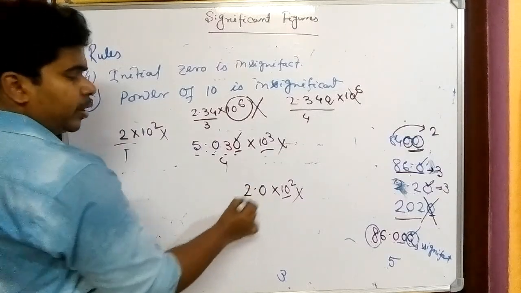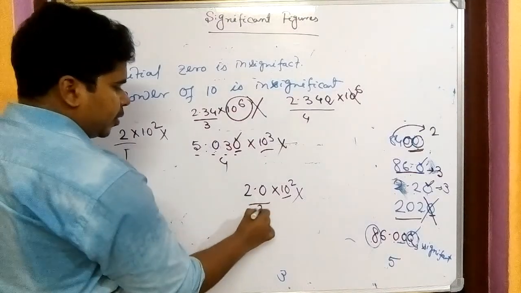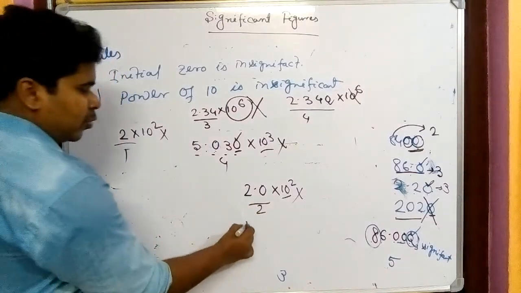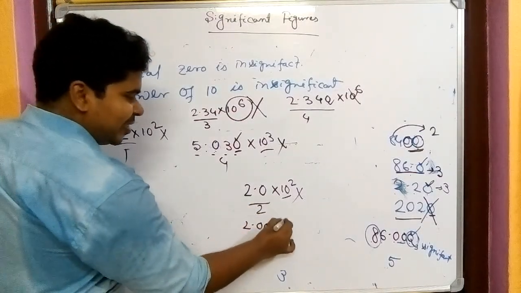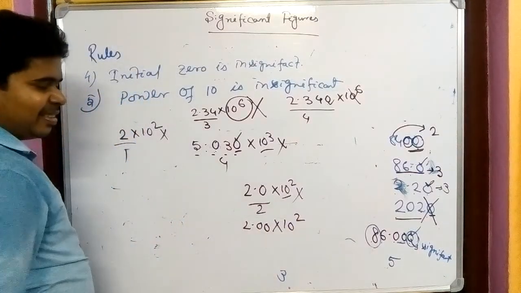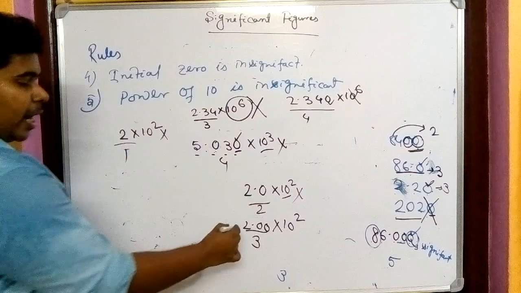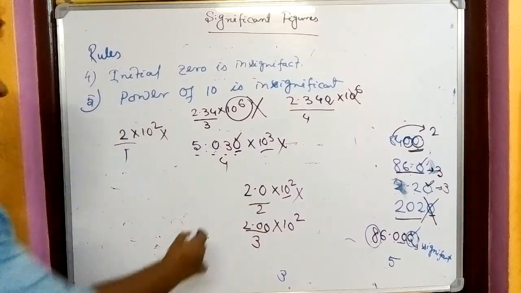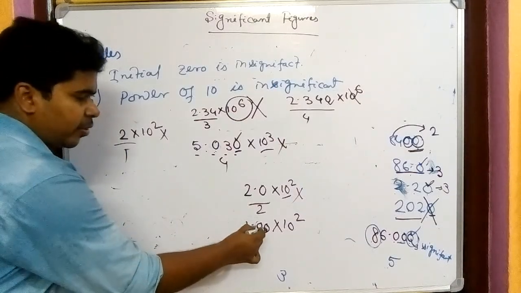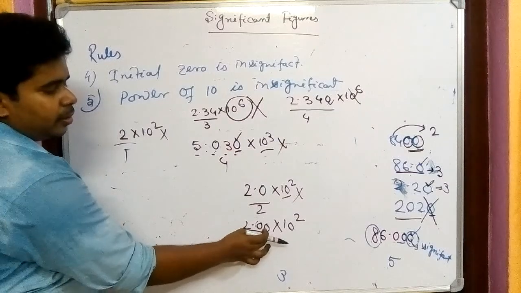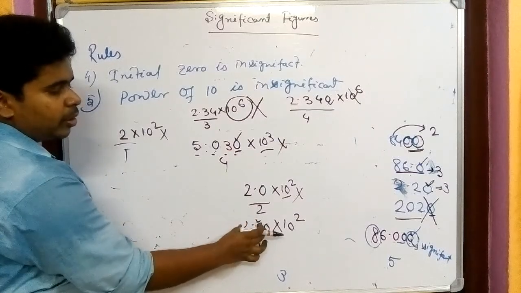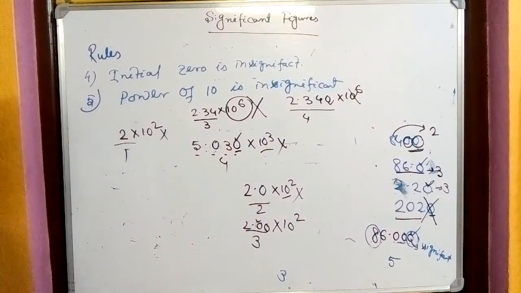Yes. After decimal? Yes. Then it is 2. If it is 2.00, then it is 3 because it is ending 0 and after decimal, so it is significant. And as this 0 is significant, the second 0 is trapped between two significant digits, so it is a significant number.